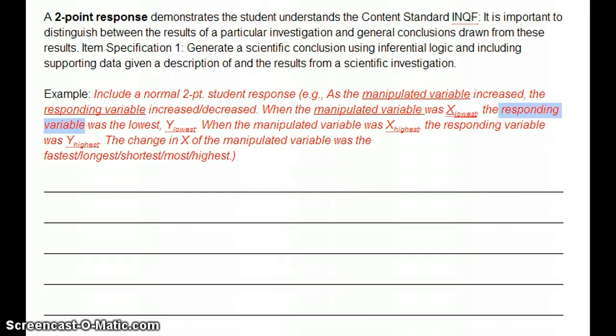Now sometimes it can be low, sometimes it can be high. So you're putting in your manipulated variable, you're putting in a number for it. Don't just say X or anything like that. Here's a number. And then you put in your responding variable and you put in a number. And then you do the same thing, only this time you do it for the maximums, the highest numbers.